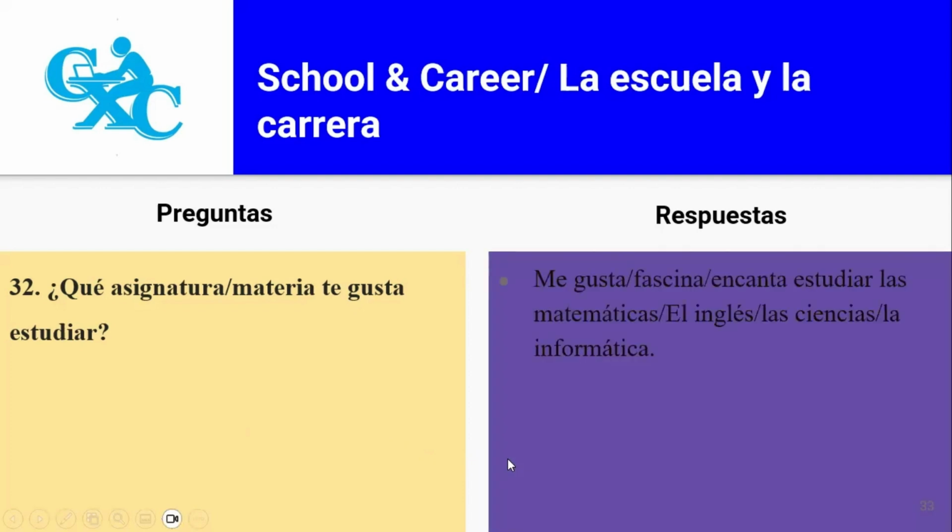Me gusta, me fascina, me encanta estudiar las matemáticas, el inglés, las ciencias, la informática. All right. Another way of responding could be, disfruto estudiando, me agrada aprender, me agrada estudiar.